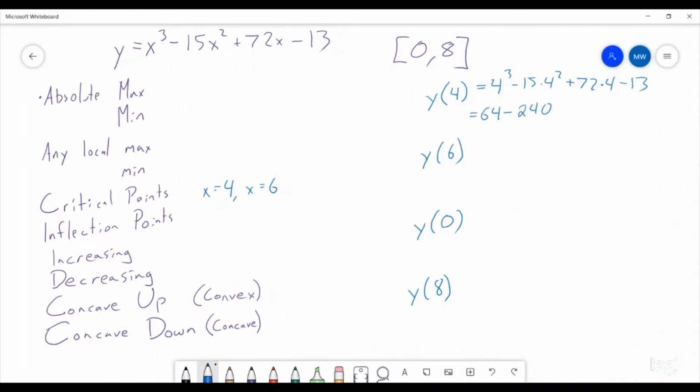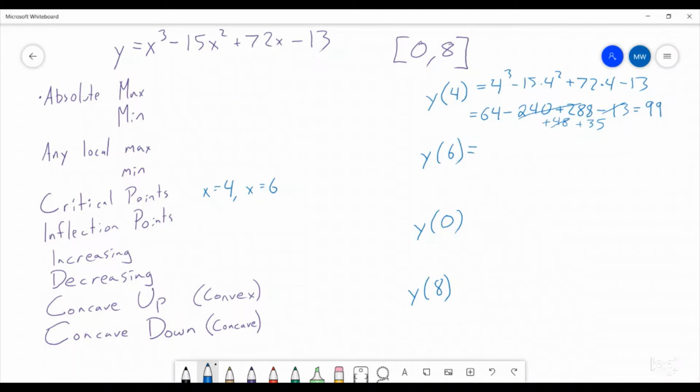Plus 72 times 4, that's 280 plus 8, so 288. Minus 13, which is, let's see, 288 minus 240 becomes a plus 48. 48 minus 13, that's 35. So 64 plus 35 is 99. There we go. So y of 4 is 99.